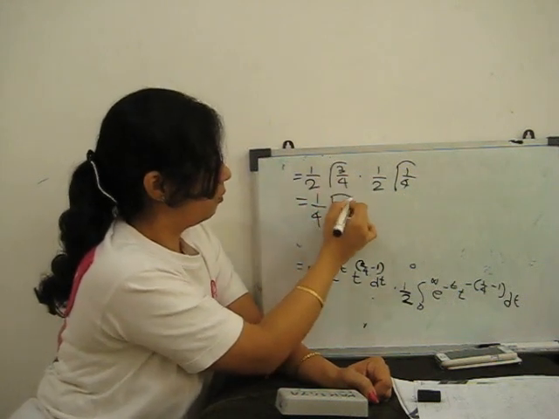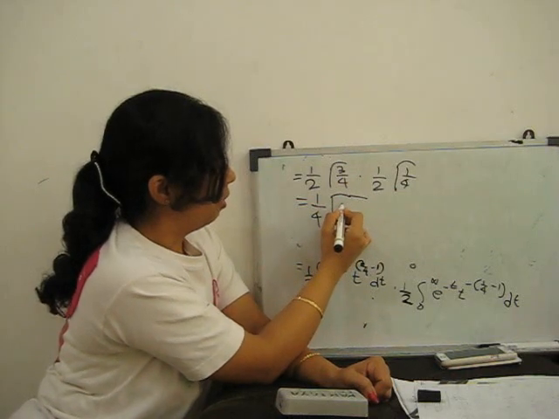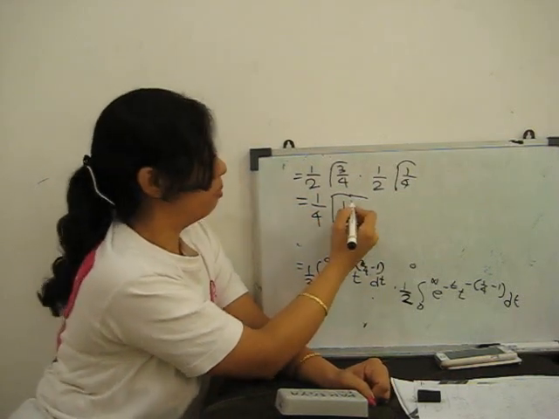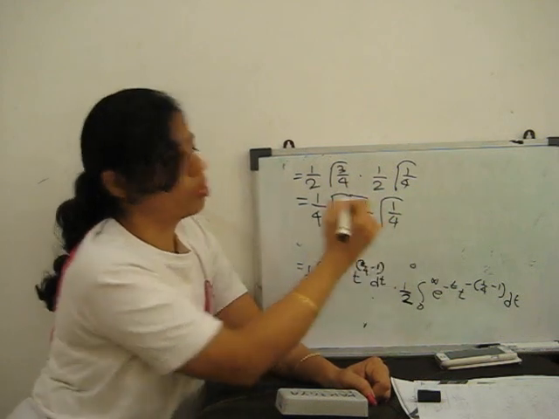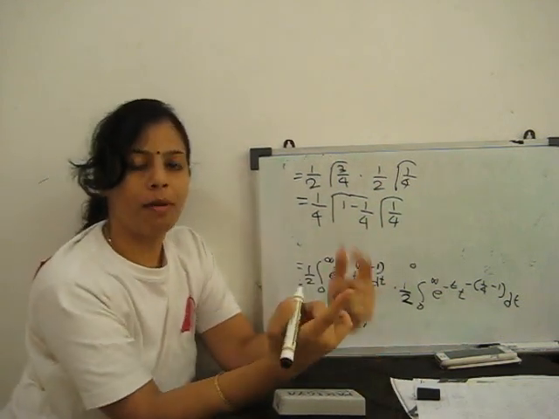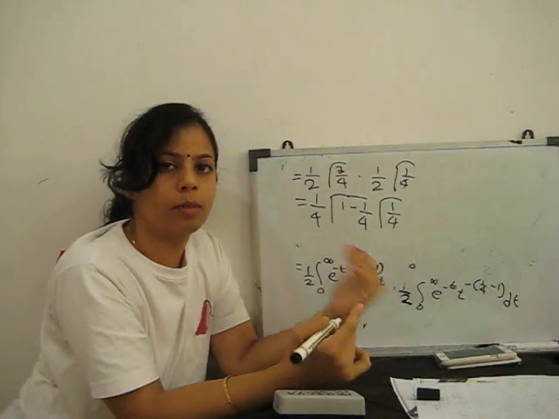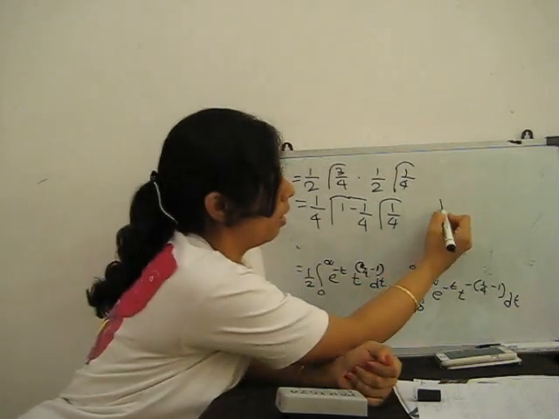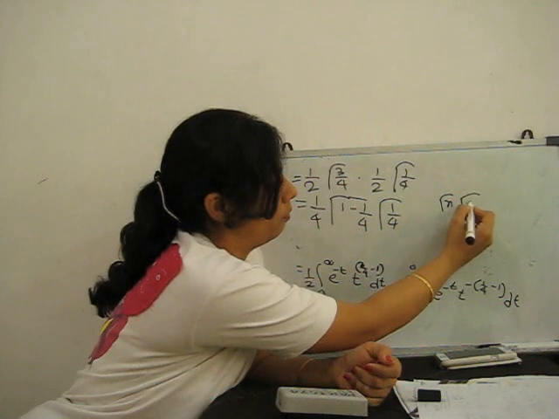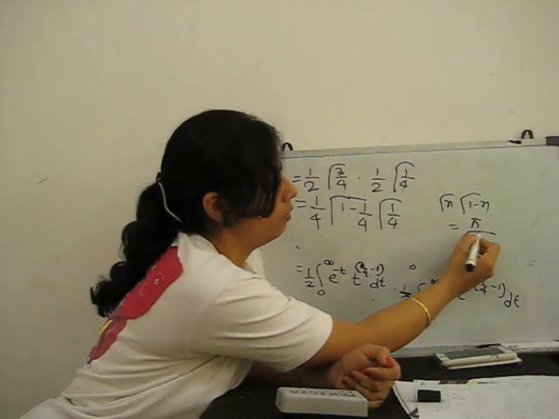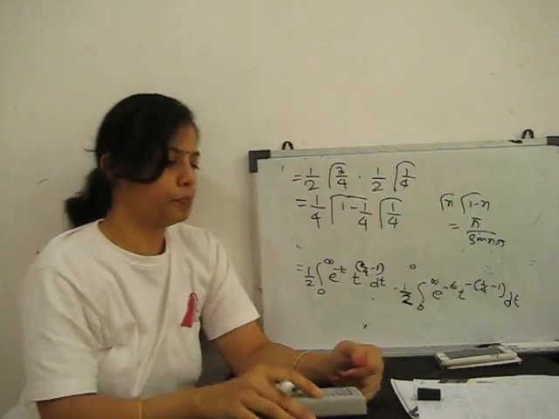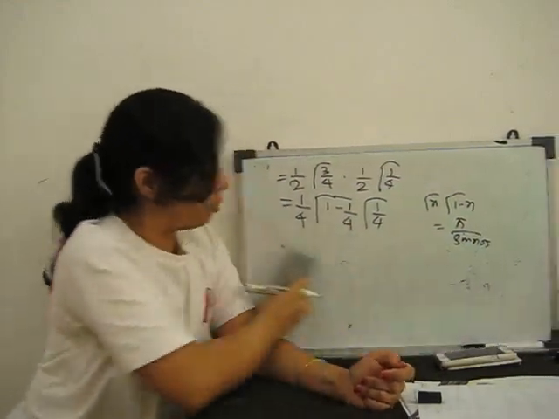Gamma of 3 by 4 we can write as gamma of 1 minus 1 by 4. You remember, memorize, I will discuss it in property 1: the formula gamma of n into gamma of 1 minus n is equal to pi upon sine of n pi. Clear? So we use that formula here.